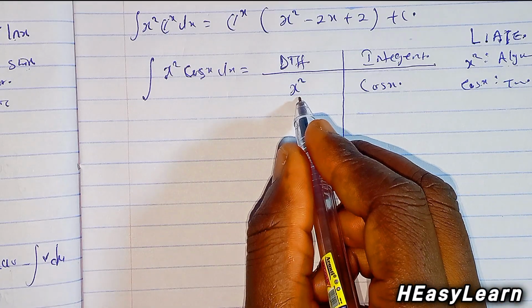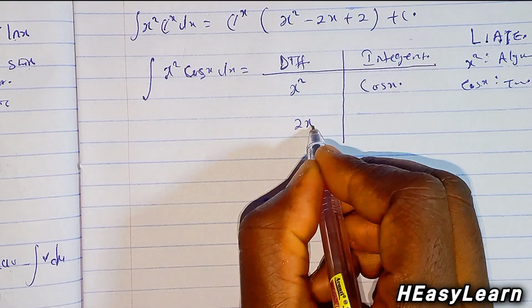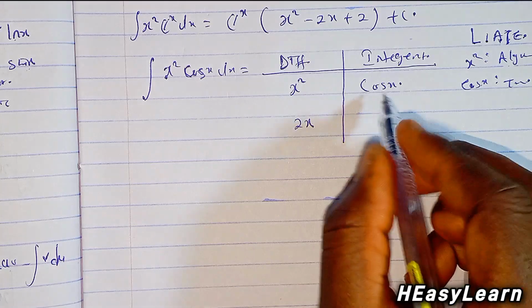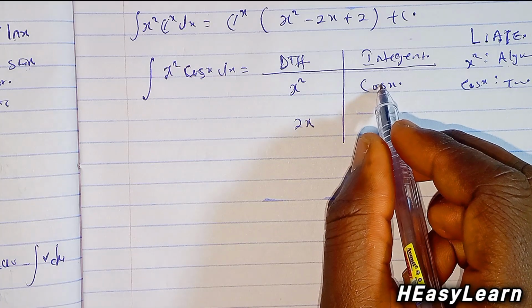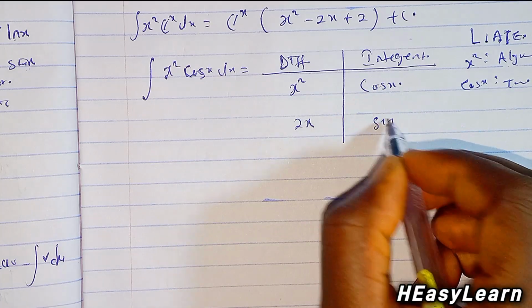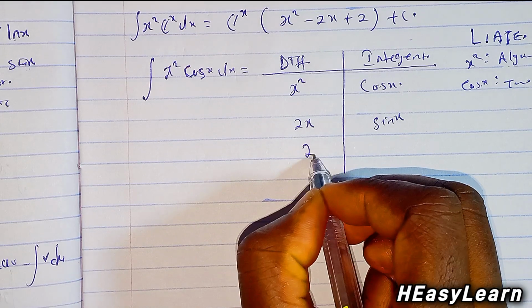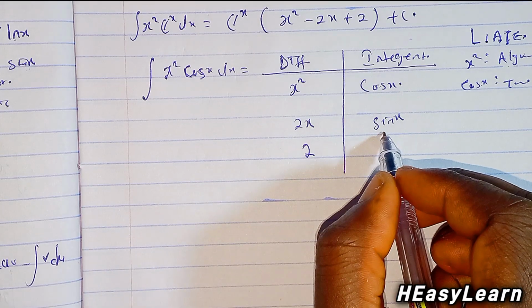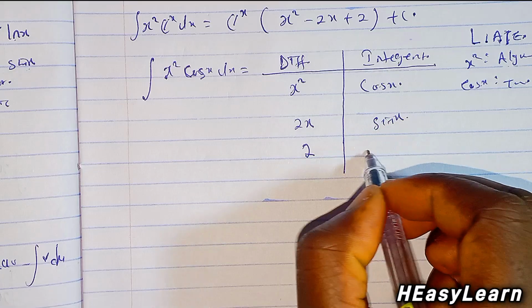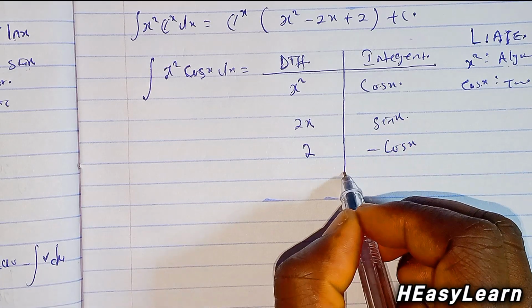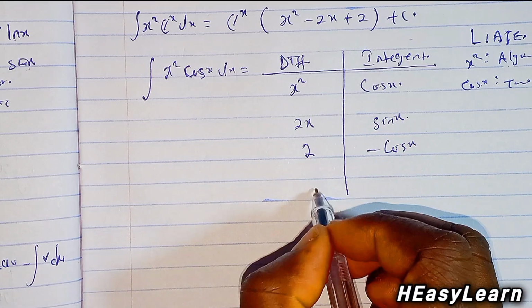What is the differential of x squared? It is 2x. What is the integral of cos x? The integral of cos x is sin x. What is the differential of 2x? 2. What is the integral of sin x? It is minus cos x. What is the differential of the constant function?